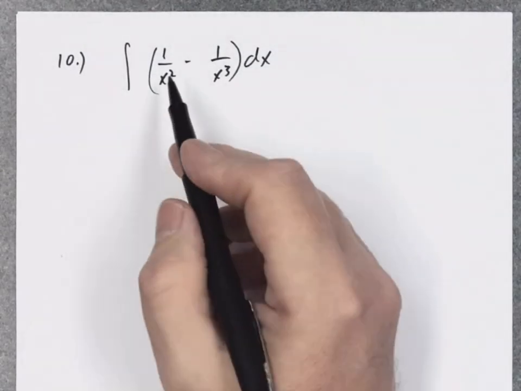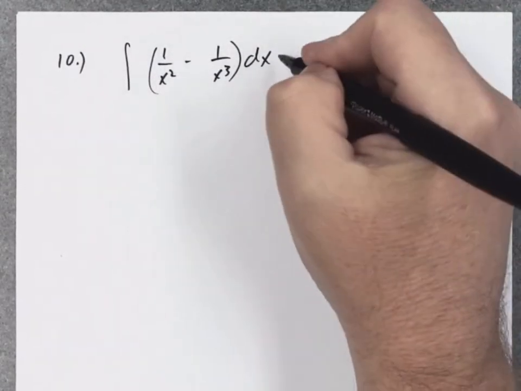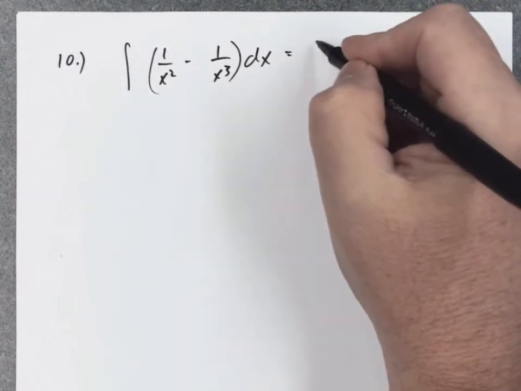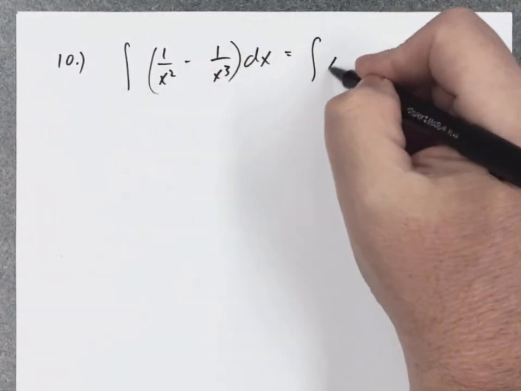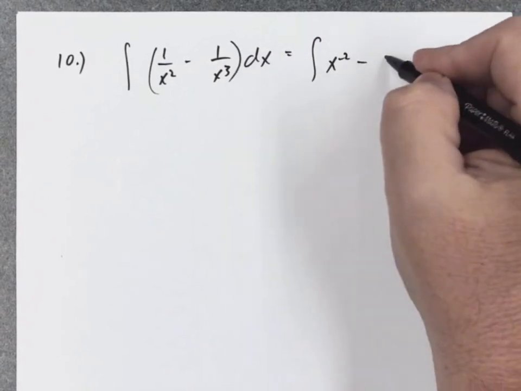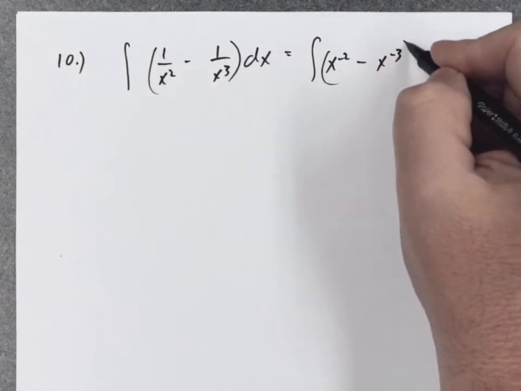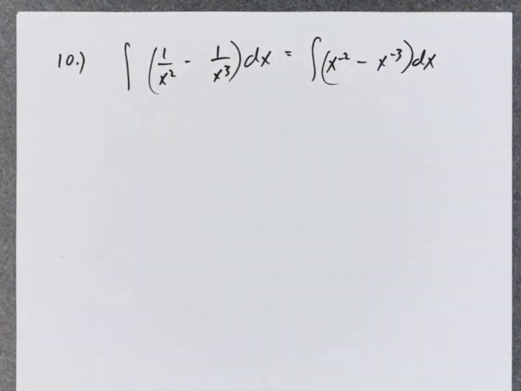So I'm not going to write it out, but basically I'm going to do these one at a time. Actually, what I'm going to do, though, I'm going to convert these to make it very clear that I can use the power rule, right?